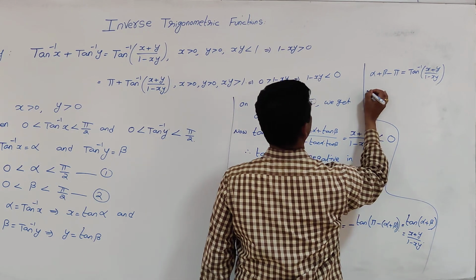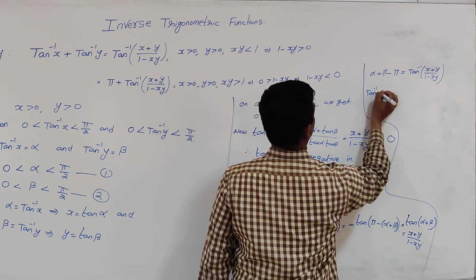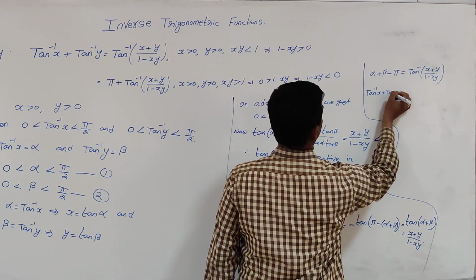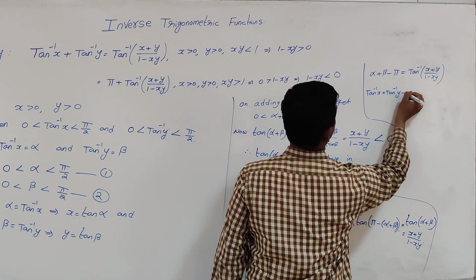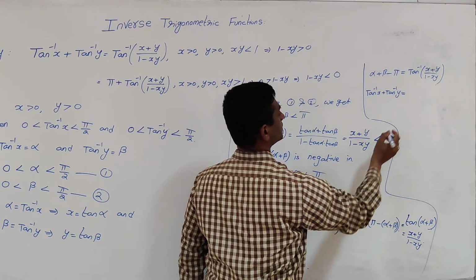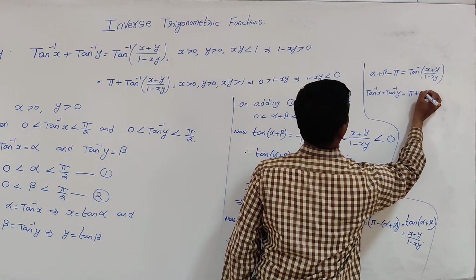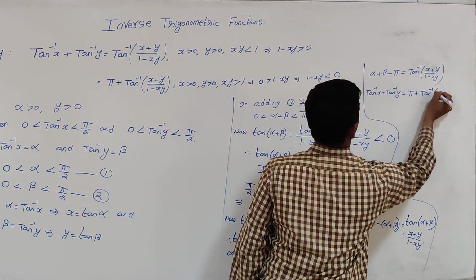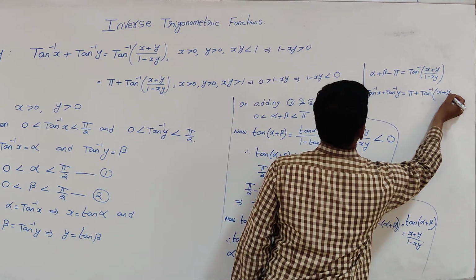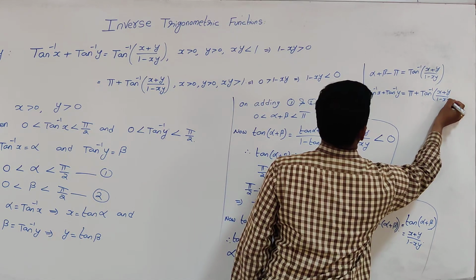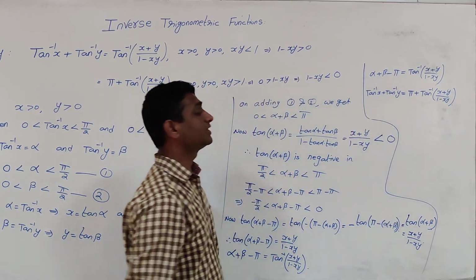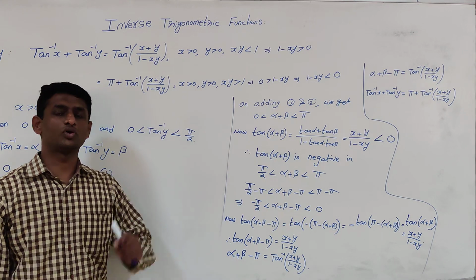So tan inverse of x plus tan inverse of y is equal to, taking this minus pi to the right side, pi plus tan inverse of x plus y by 1 minus xy. So this is another property which is very, very important.